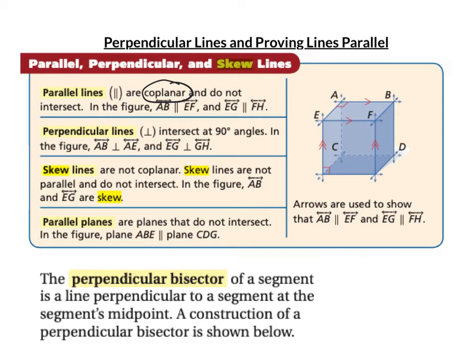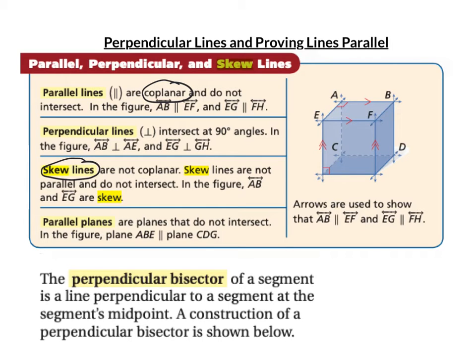The reason that coplanar is so important to the definition is it is possible to have lines that never intersect but aren't parallel. Those are called skew lines. They're non-intersecting, non-parallel lines. Now, that may not make sense, but these lines are not in the same plane. Here's an example of skew lines.